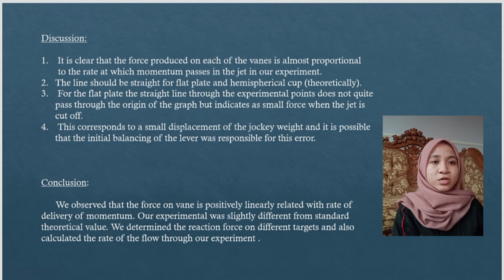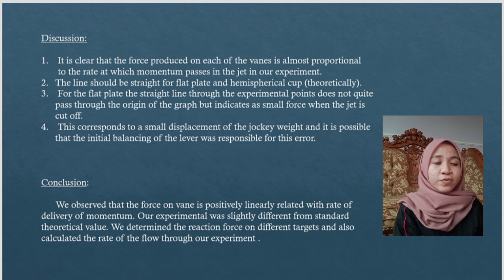Discussion. Number 1. It is clear that the force produced on each of the vanes is almost proportional to the rate at which momentum passes in the jet in our experiment. Number 2. The line should be straight for the plate and hemispherical cup theoretically. Number 3.